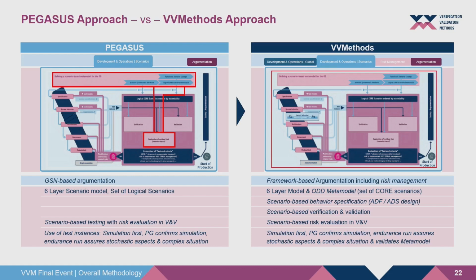So you find the components, 6-layer model, and scenario-based approaches on the right side, and a more complex framework to argue that we developed an automatic driving system that has an acceptable risk.